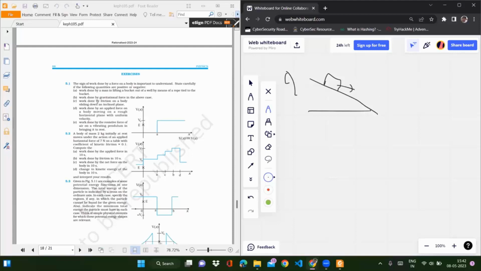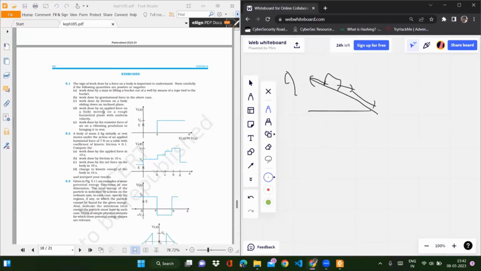But it is said that this inclined plane is actually rough, and so there will be a friction acting backside on this body. It is asked what is the sign. In this case, it is clear that the displacement will be in this direction, and friction is opposing it, exactly 180 degrees behind, directly opposite. So in this case, the work done will be negative.